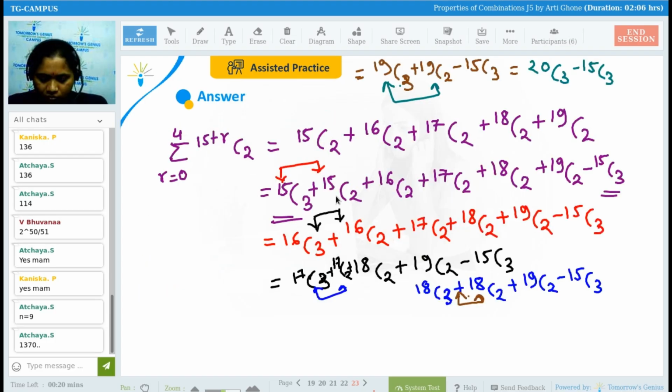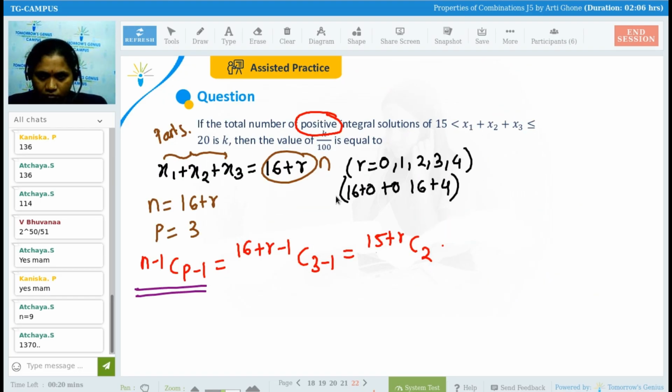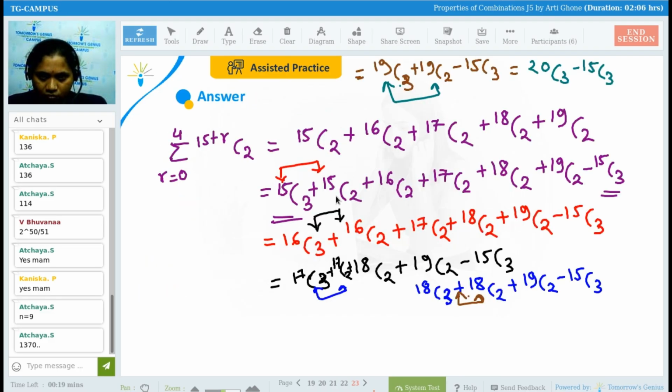1370. One three seven zero is the correct answer.